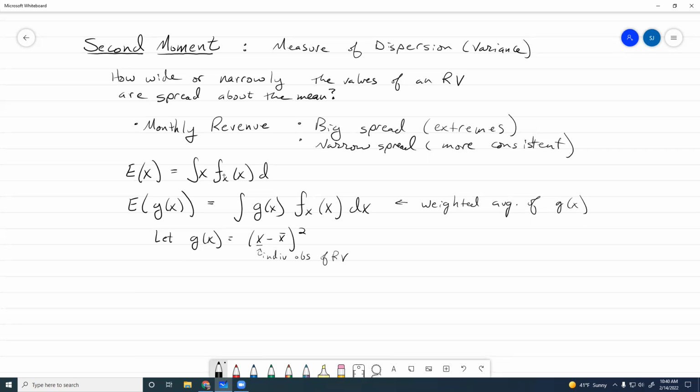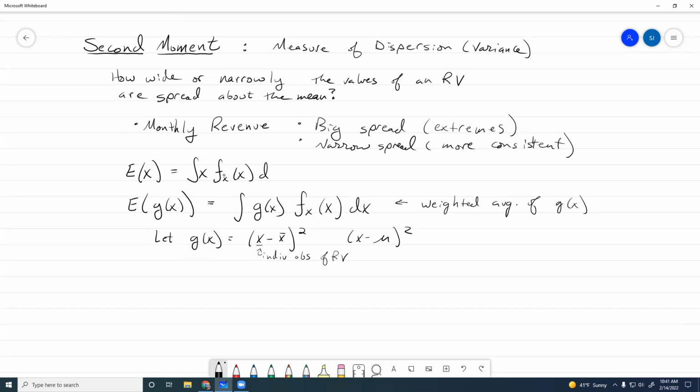And then we're going to square that so that we don't get positive or negative values. We could also write this as x minus mu squared. X bar is from a sample of data, and mu is the population. We'll stick with mu because we're being theoretical here.